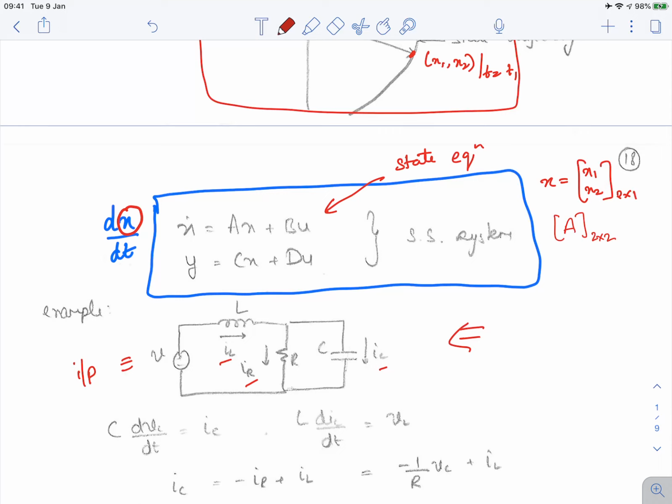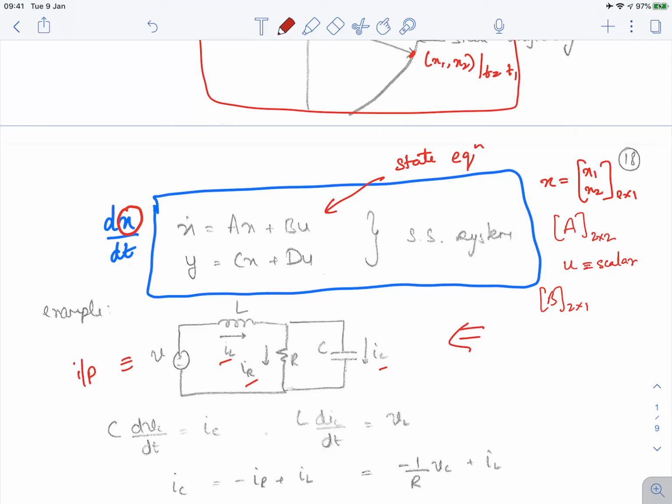Now suppose I have u as a scalar variable. In that case my B would be 2 cross 1, so that all the dimensions match.